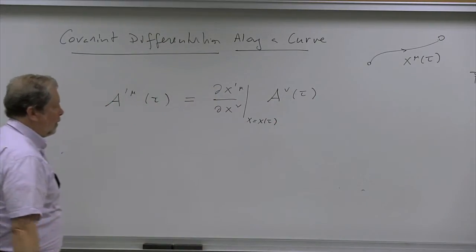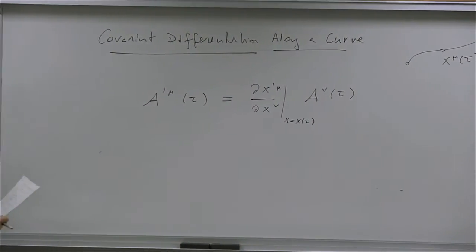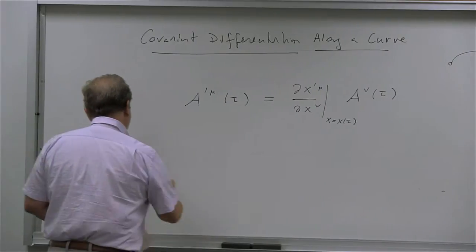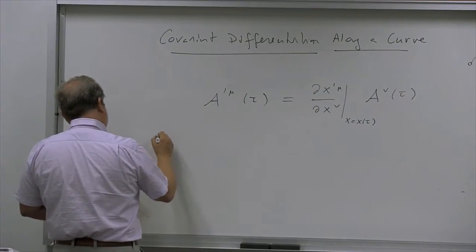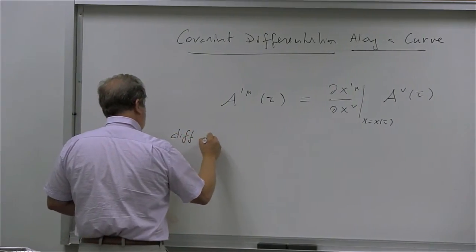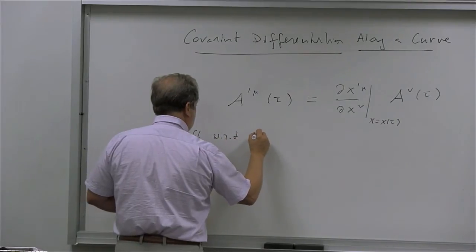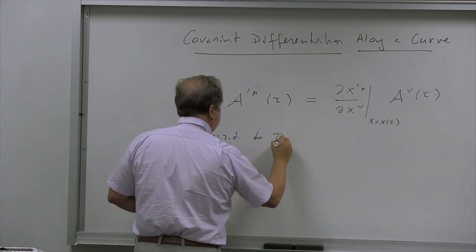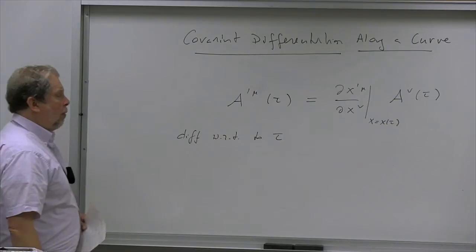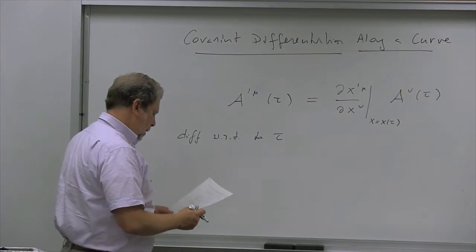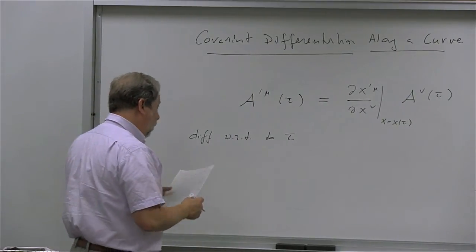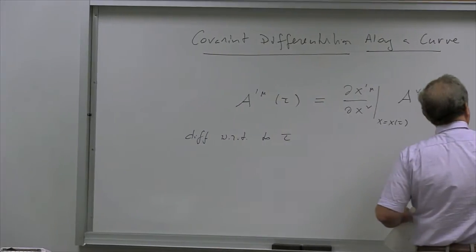The 4 vector x is along that curve. The next thing we do is differentiate with respect to tau, the parameter that describes how far along we are along this curve.